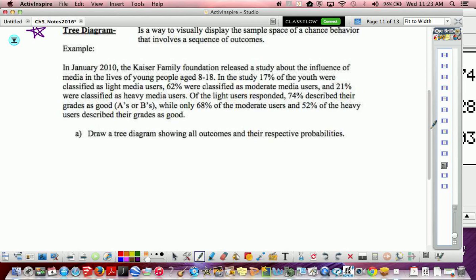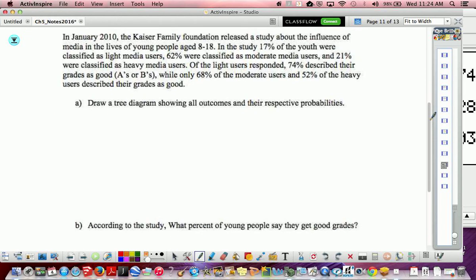So, of the light users responded, 74% described their grades as good, so getting A's or B's, while only 68% of the moderate users and 52% of the heavy users described their grades as good. So in part A it says draw a tree diagram showing all outcomes and their respective probabilities. When we want to draw a tree diagram, we have a point where we just basically start.